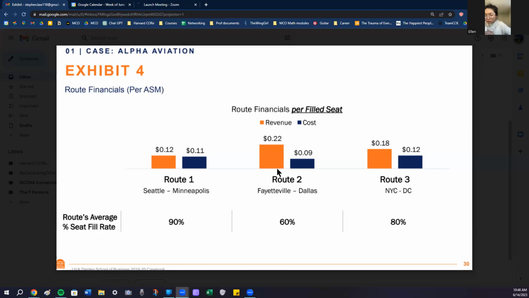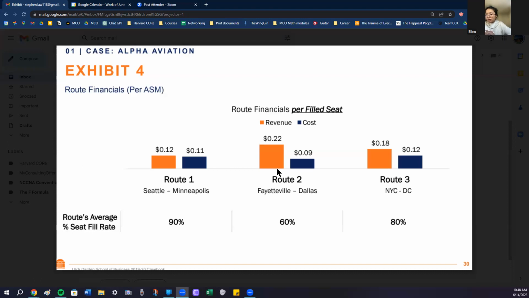Sorry, could you repeat that again? Yeah, sure. So I would calculate the profit per seat, and then we have the number of seats available, which we would get from the flight.